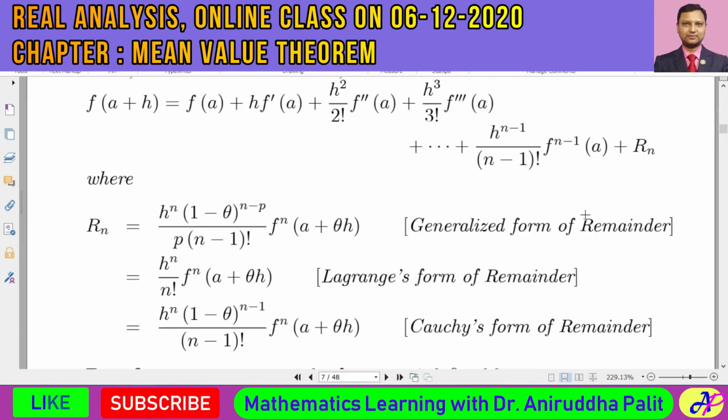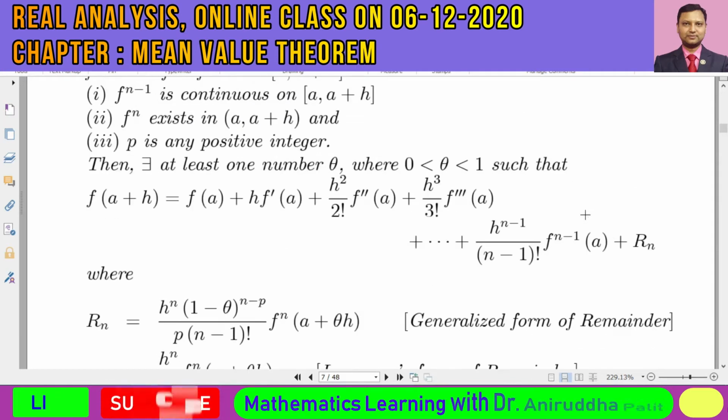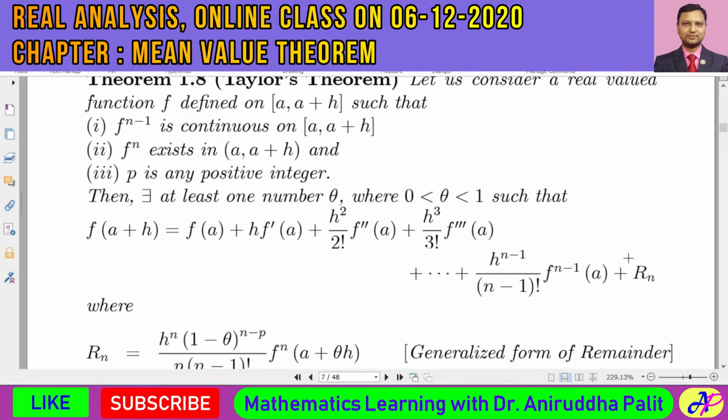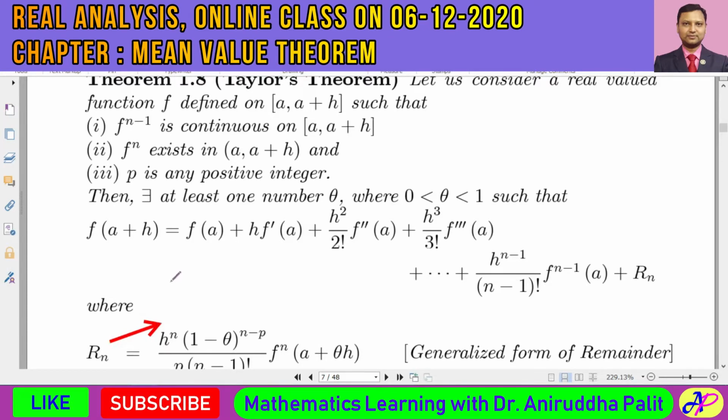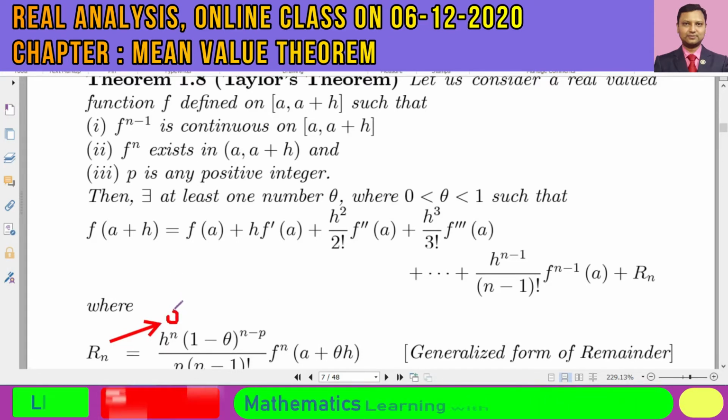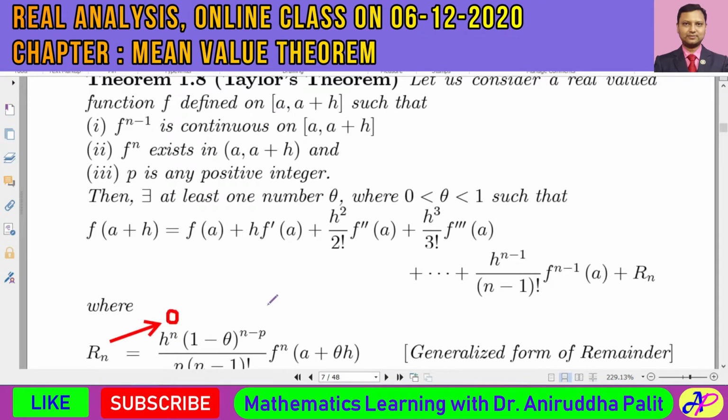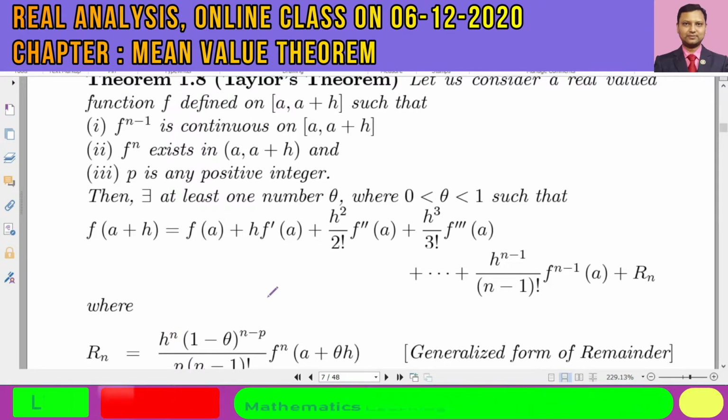Although the numerical value of the remainder after n terms would not change. Now we want to find whether this expansion can be extended up to infinite terms. If it is expanded up to infinite terms, then obviously this remainder Rn should tend to 0 as n tends to infinity, isn't it?